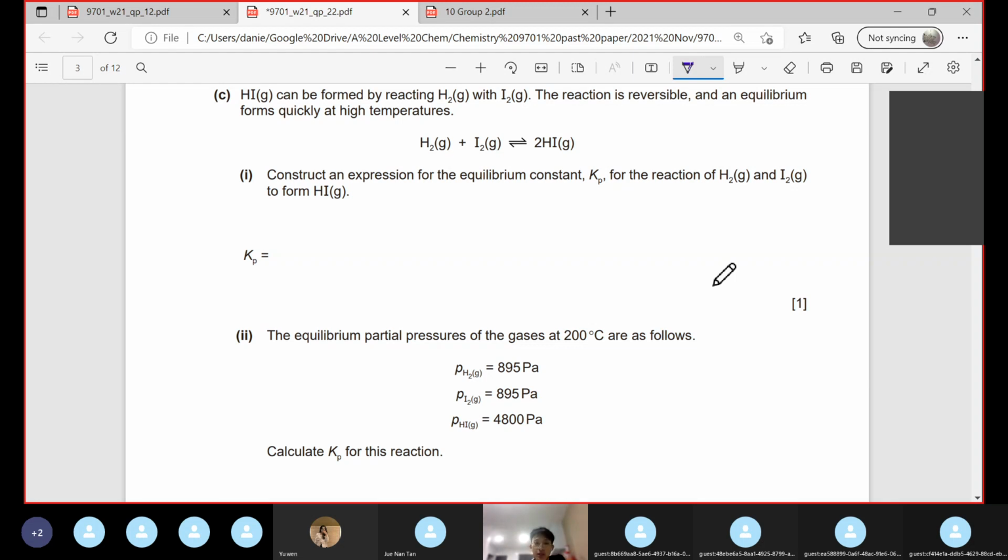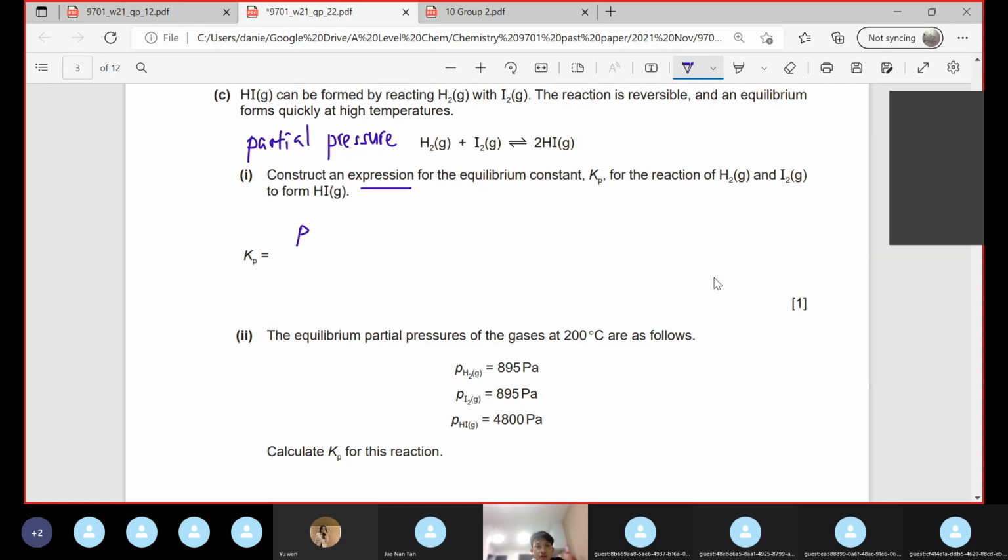So what are we going to write down in the expression? It is partial pressure, not concentration. Don't confuse between Kp and Kc. So what we write down is the partial pressure of product over reactant, right?